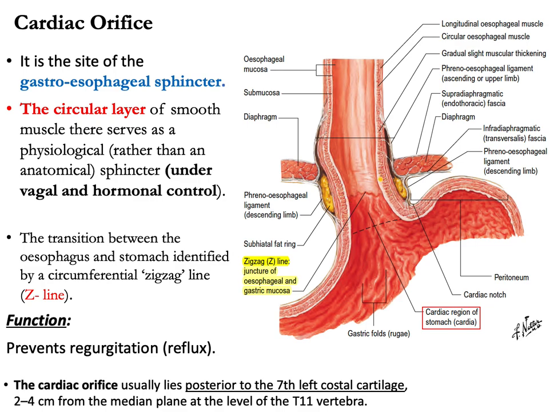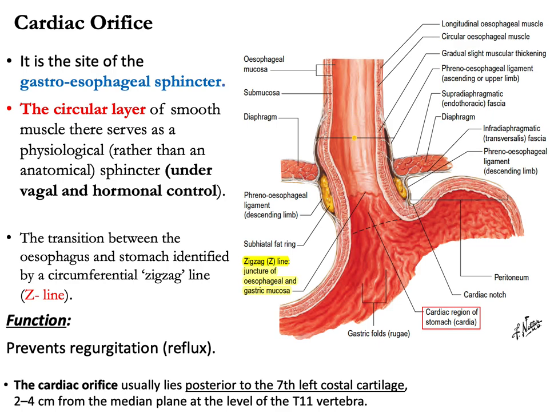It's just the circular layer of smooth muscle that serves as a physiological sphincter, not an anatomical one, under the control of hormonal and vagal effects. So vagal nerves and hormonal secretions control the contraction and relaxation of the cardiac sphincter here, as I mentioned.